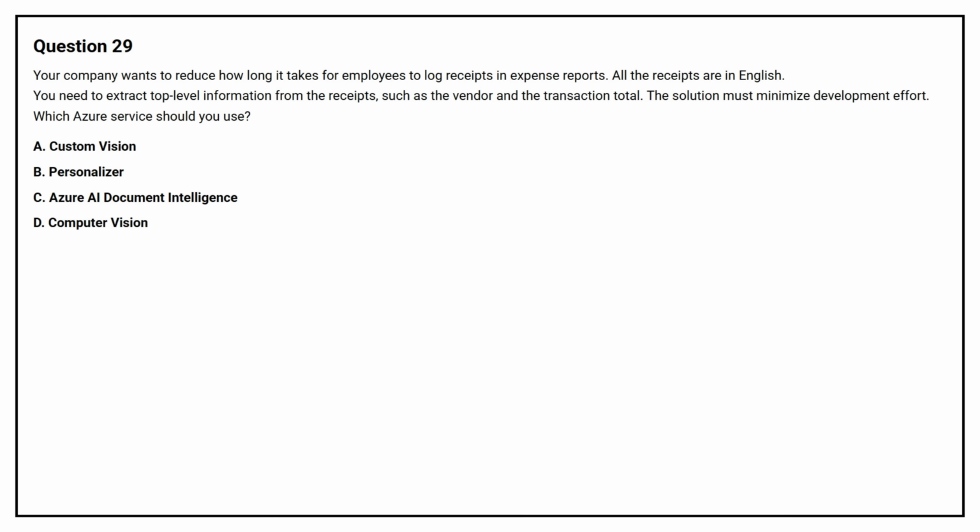Question number 29. Your company wants to reduce how long it takes for employees to log receipts and expense reports. All the receipts are in English. You need to extract top-level information from the receipts, such as the vendor and the transaction total.